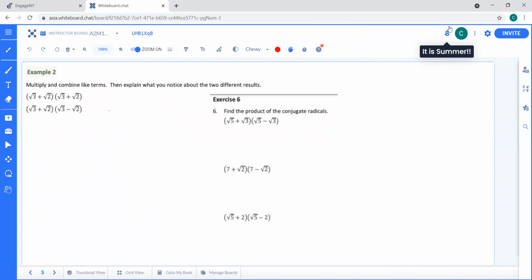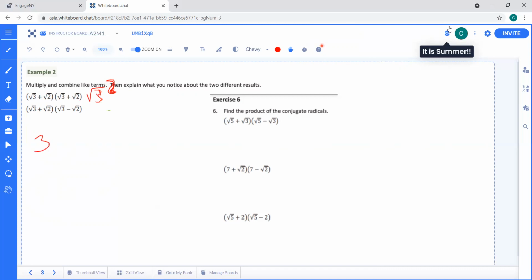Square root of 3 squared, which is 3. If you square the square root, it's 3. So let's go ahead and just write that as 3.